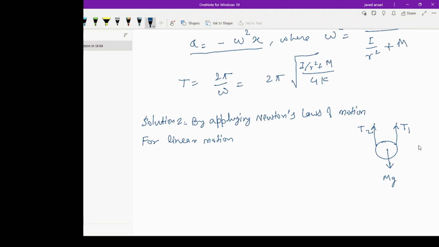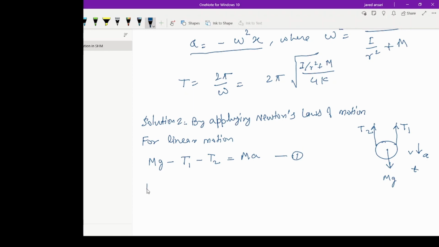Let's say this body is going downward with an acceleration a and velocity v at time t. So total force: mg downward minus T1 minus T2 upward, right, is equal to m times a. This is equation 1, right?